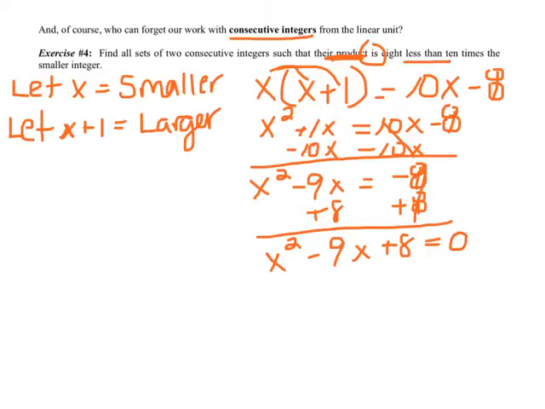Now I have my equation where it's a trinomial and I can go ahead and factor it. My a equals 1, so I can go ahead and do my 2 parentheses, and it still equals 0. What times what gives me 8 and adds to give me negative 9? Well, hopefully you told me negative 8 and negative 1.